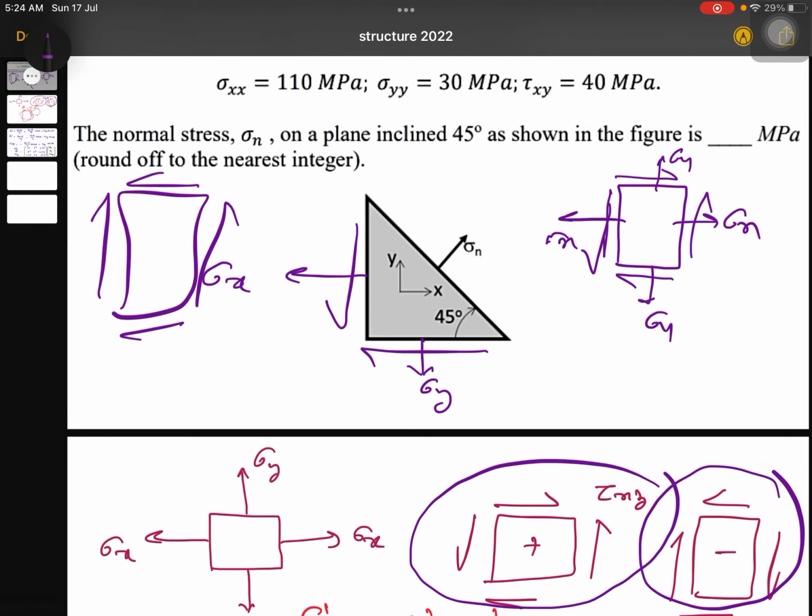Now your job is to find out the sigma n value, and the angle is given as 45 degrees. This question is highly easy, no one will make a mistake if you use Mohr circle. I will recommend doing this question using Mohr circle. Actually, why I'm telling you to do this question with Mohr circle is that there are two benefits.